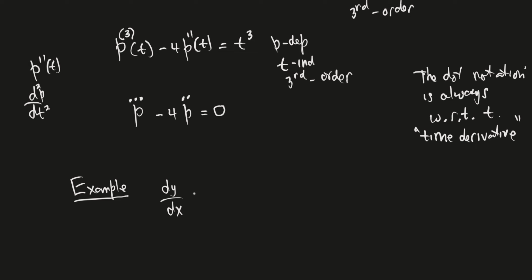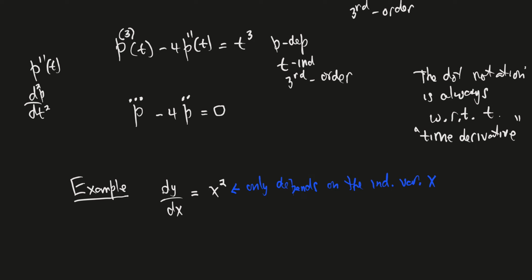So let's say I have that dy dx is equal to x squared, right? And I want to figure out what the solution is. Well, this one is so simple. It's simple because the derivative only depends on the independent variable, our independent variable x.